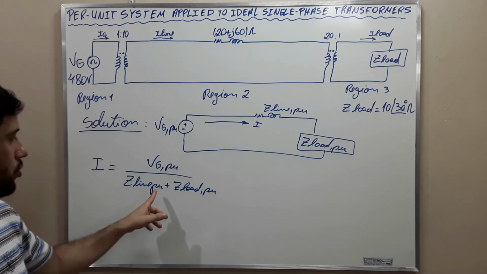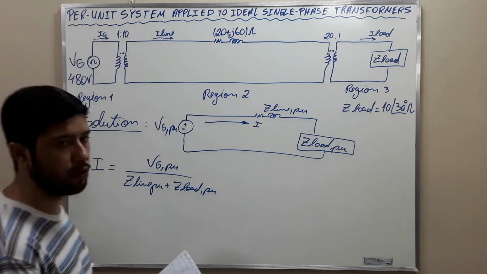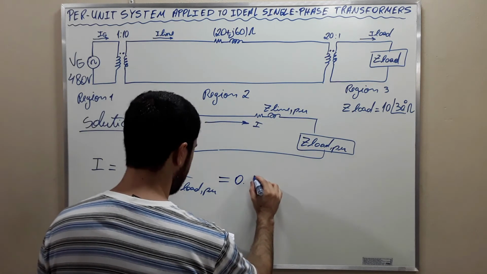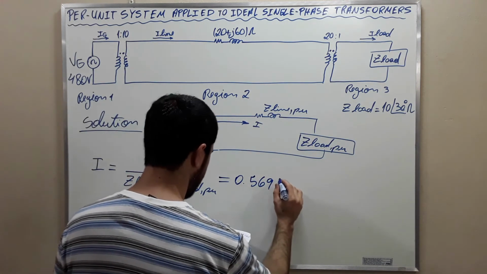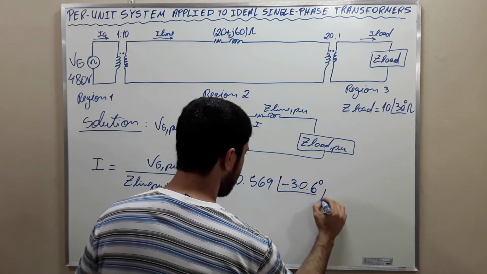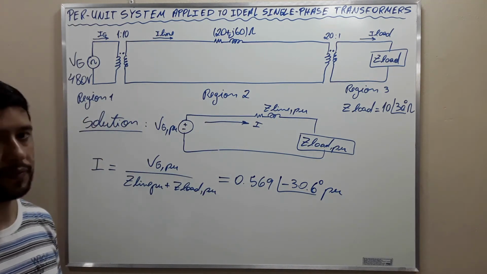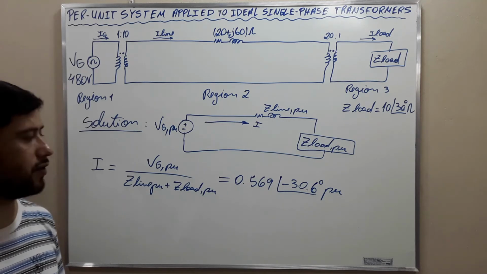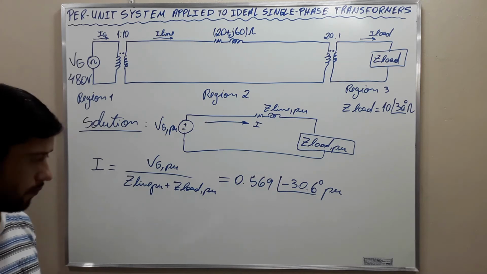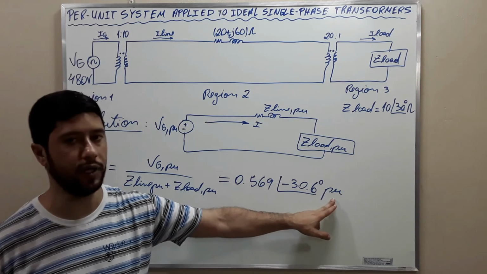And if we use the values that I showed you, we find the value for the current as 0.569 in the phase -30.6 degrees per unit. This is not in amperes, this is in per unit.